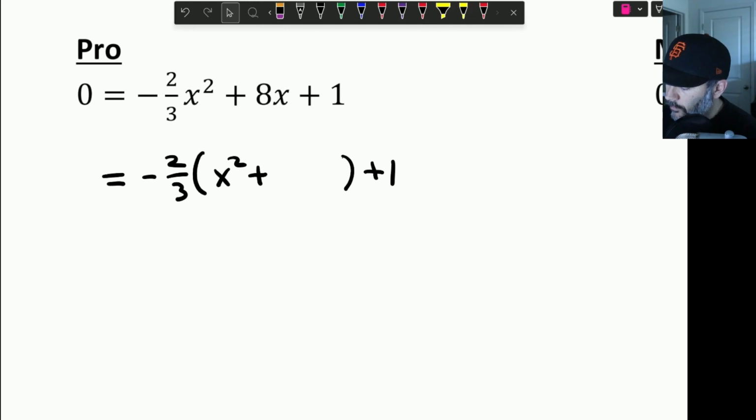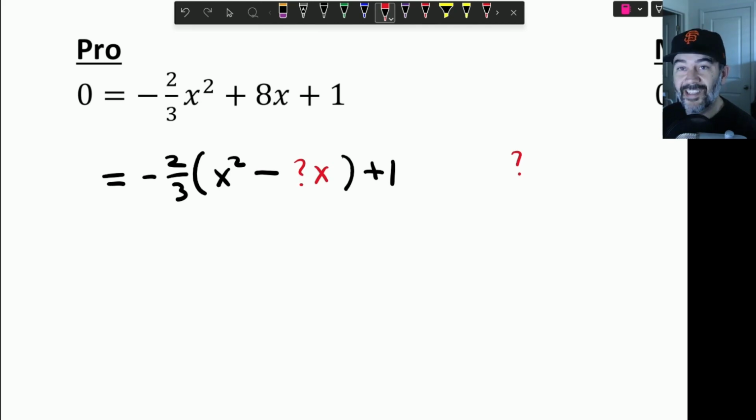Now, if I factor a negative 2/3 out of 8x, then this plus is going to change to a minus. And then side work. Whatever I put here, it's going to be question mark x. Whatever I put there times negative 2/3 needs to equal 8.